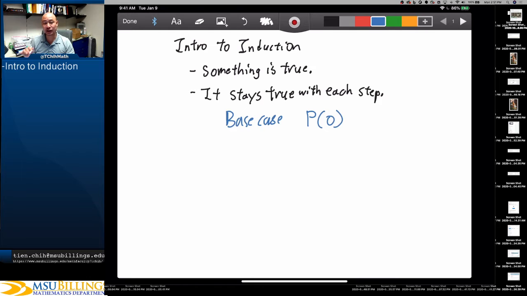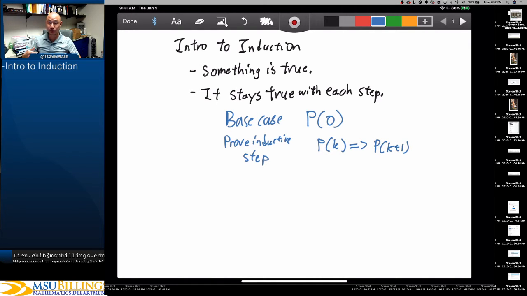So you show that some statement is true once, and then you prove the inductive step. What that means is that whenever a statement is true at any time, you prove that it's true for the next step.